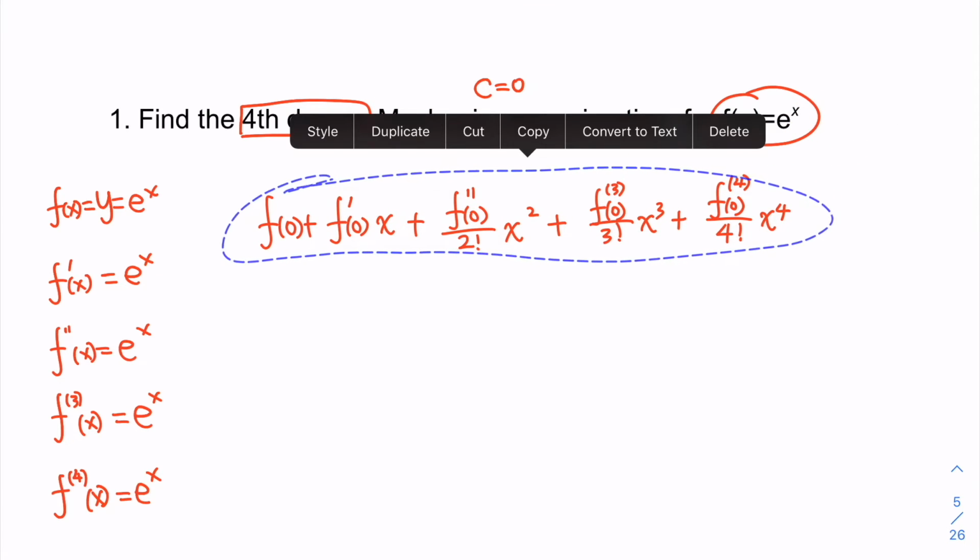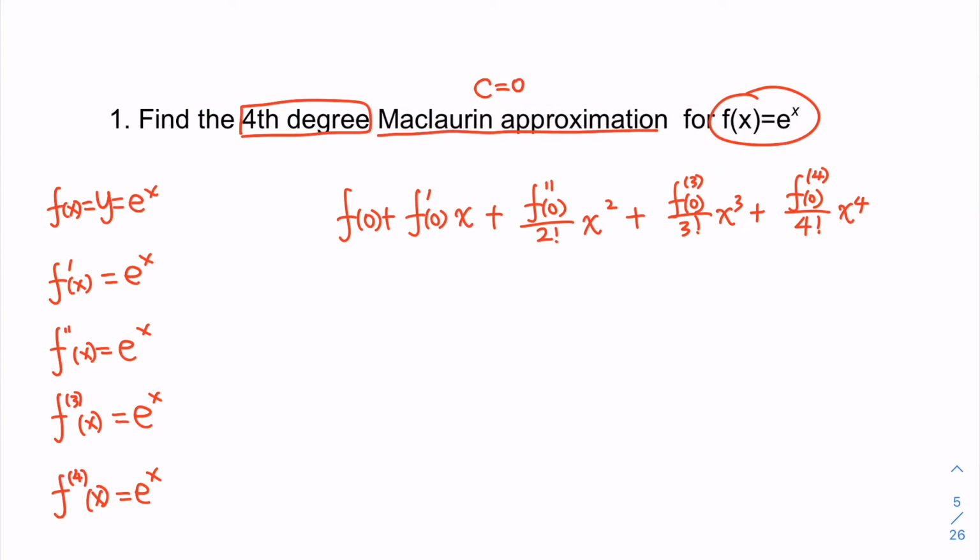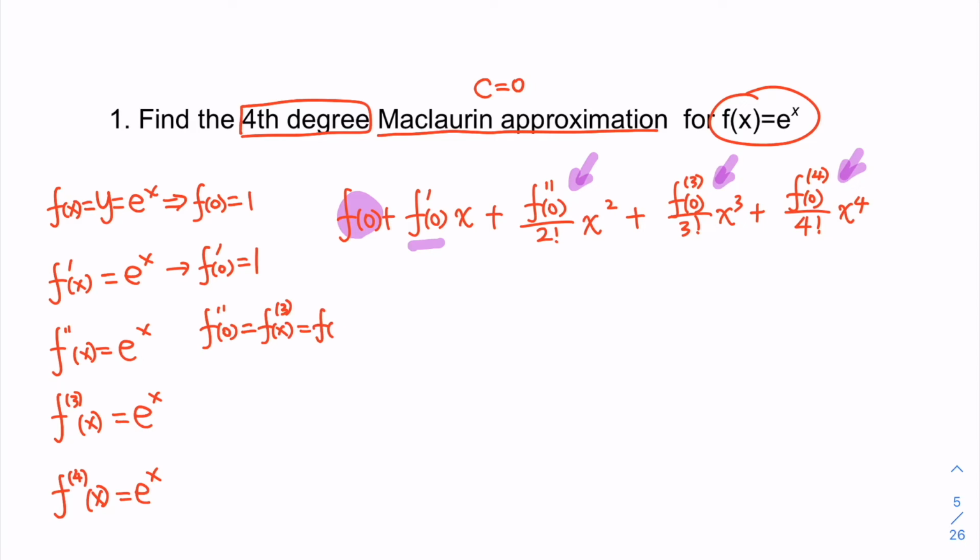After we write this formula down, the information we need will be f of 0, the first derivative, second derivative, third derivative, and fourth derivative at 0. f of 0 is e to the 0, which is 1. f prime of 0 is also 1, and the double prime, triple prime, and fourth derivative will all be 1.